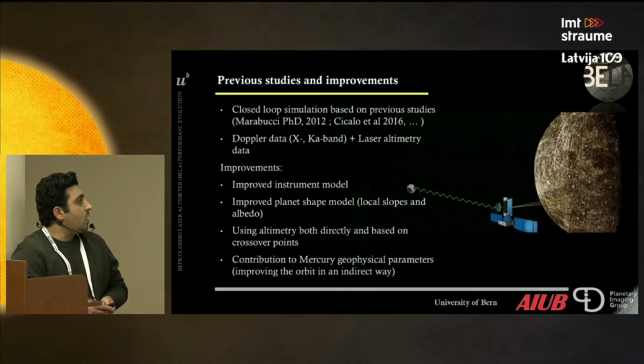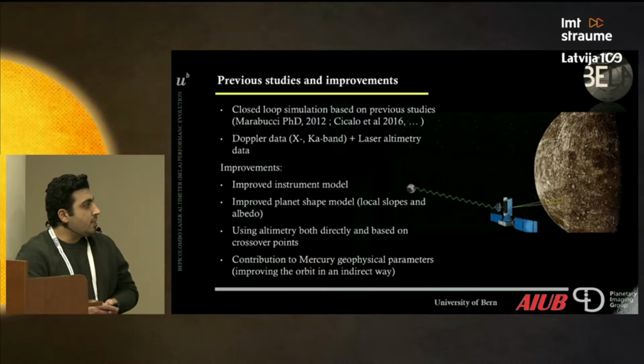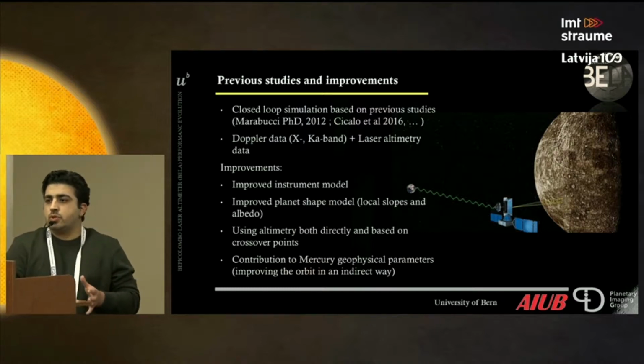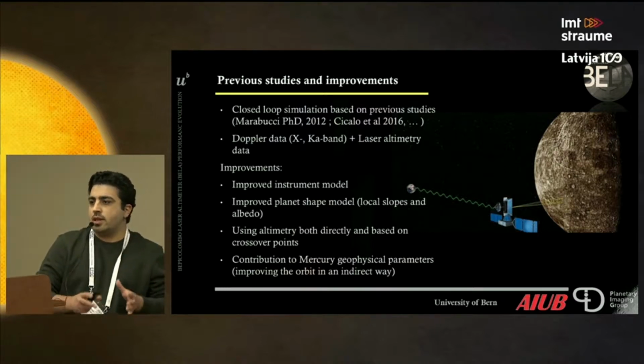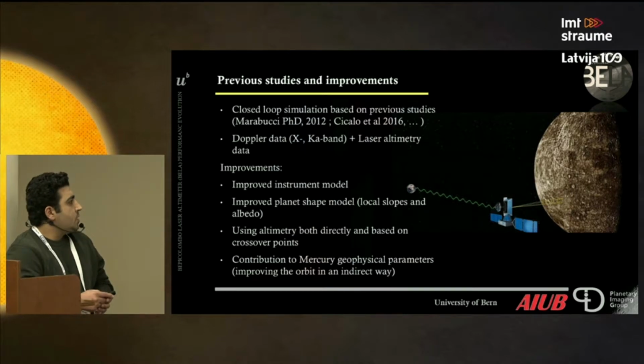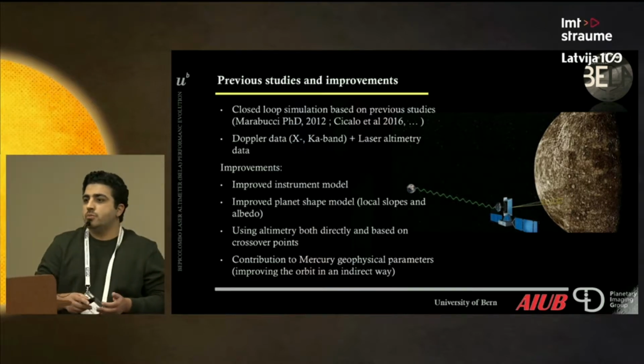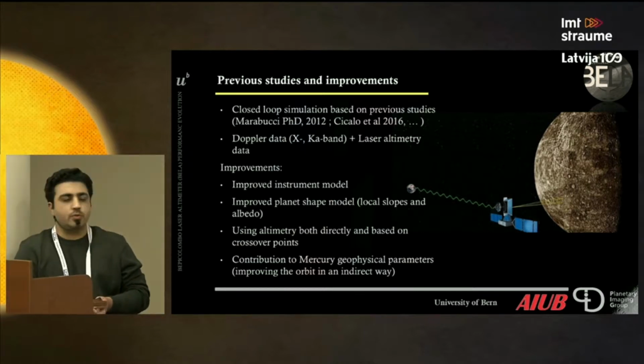We are using an improved planet shape model containing the local slopes and albedo, and we are using the laser altimetry both on the crossover points and directly. So we also want to contribute to Mercury geophysical parameters, which can improve the orbit in an indirect way.